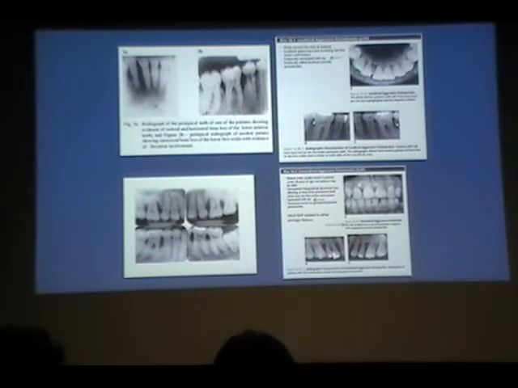So you see it here as well. Here's generalized aggressive periodontitis, also associated with AA, where you see more than just one site or those specific sites that I mentioned before. In generalized aggressive periodontitis, the rate of attachment loss and bone loss is rapid compared to chronic periodontitis.